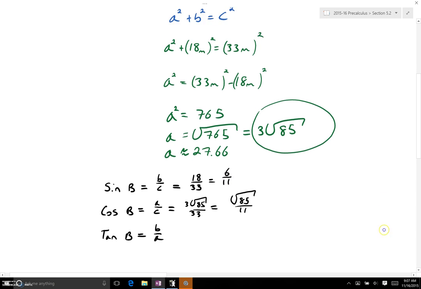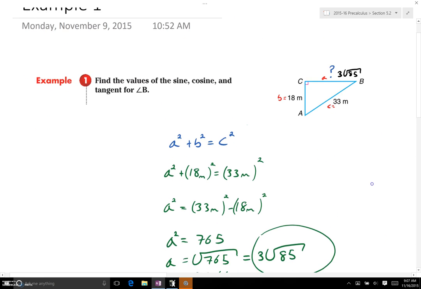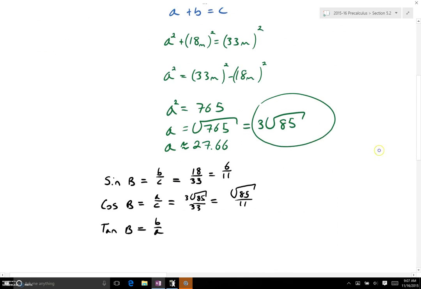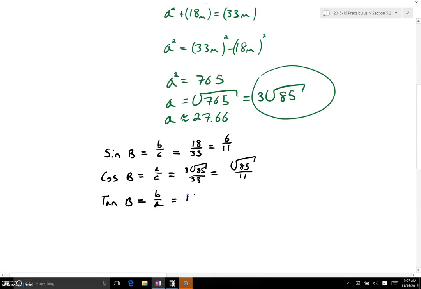And then we'll do tangent, which is B over A. So that's going to be 18 over 3 root 85, and we can simplify this to 6 over root 85. I don't mind you guys leaving radicals in the denominator.